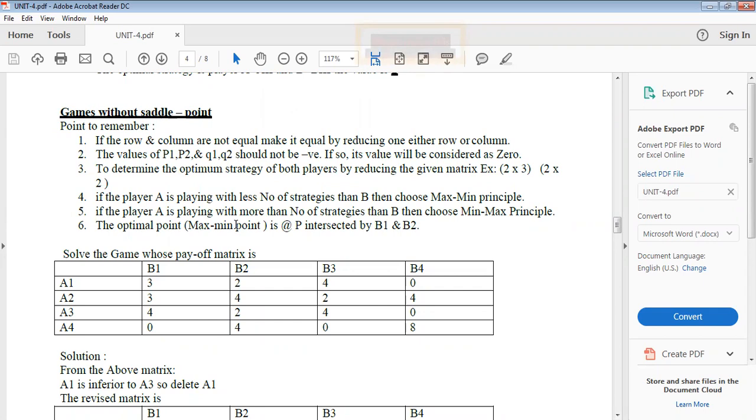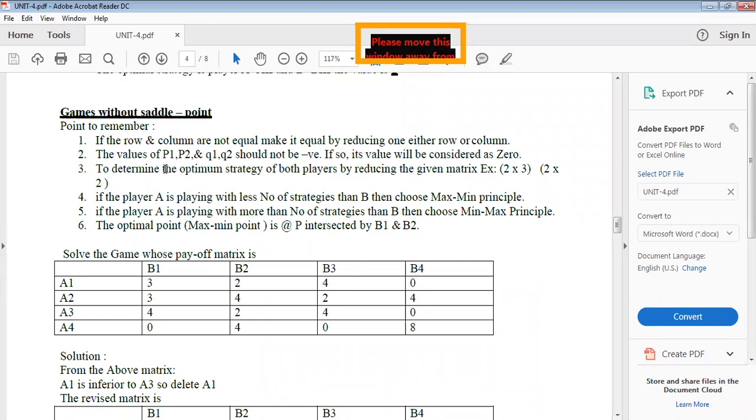So these are the points to be considered if the row and column are not equal. Row and column means, so 4 rows and 4 columns are to be made. Row and column are made equal by reducing one, either row or column.